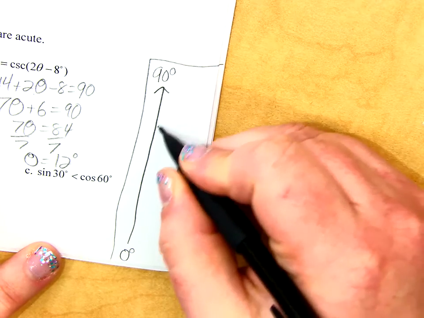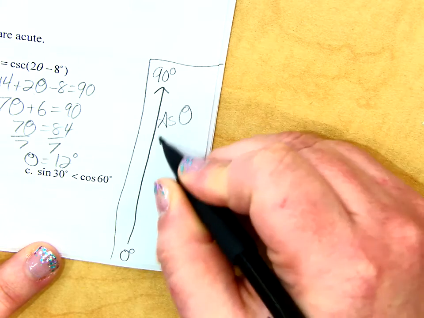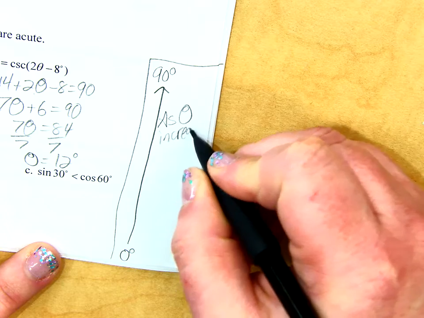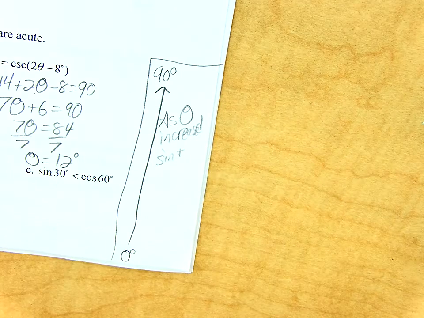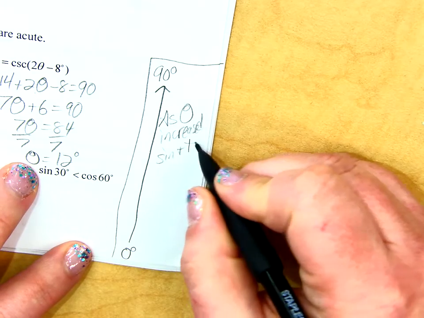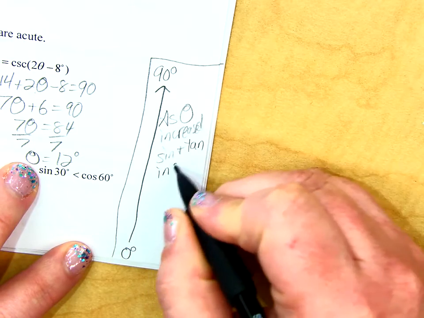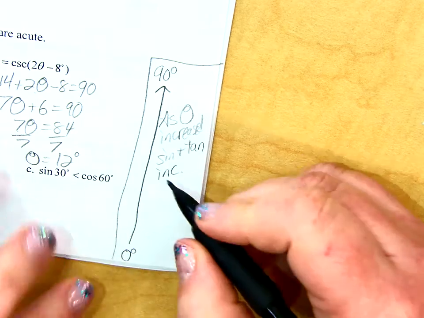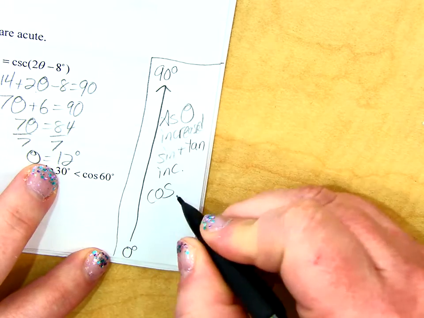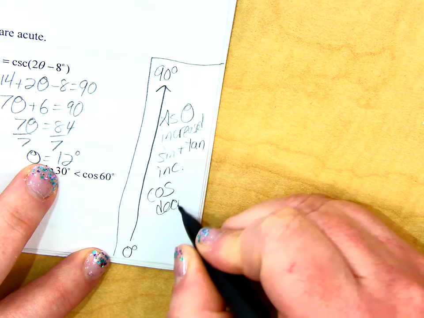So, as theta increased, sine and tangent, remember those two kind of went together? Sine and tangent increase. But it was cosine that starts big and then comes back down. Cosine decreased.